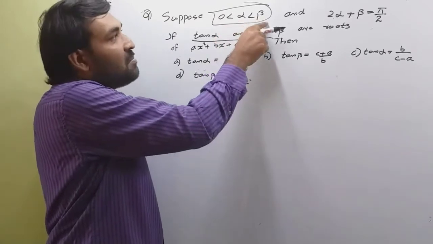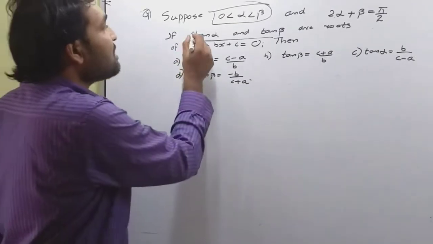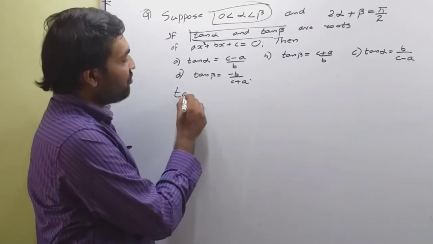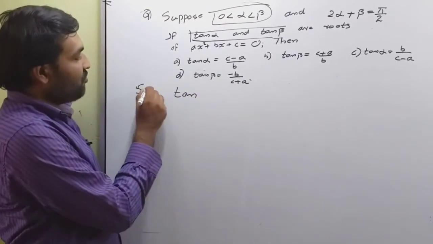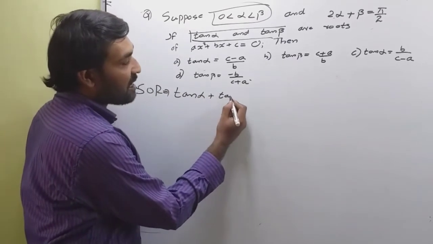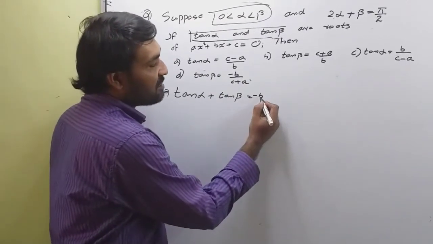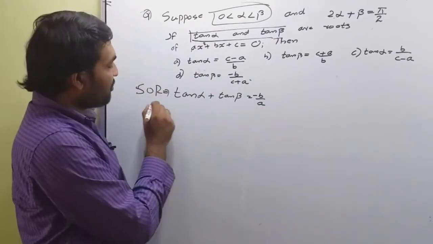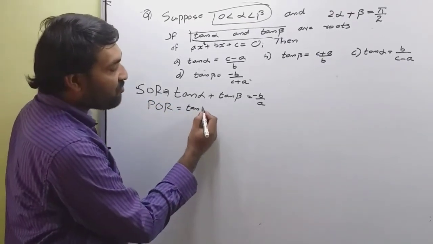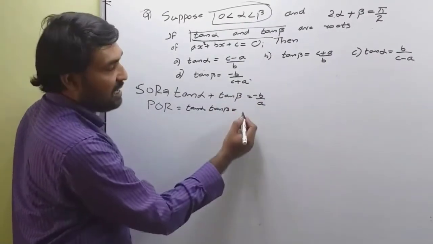Alpha is less than beta and 2 alpha plus beta is equal to pi by 2. Now these are the roots, tan alpha and tan beta. So we have the sum of roots: tan alpha plus tan beta is equal to minus b by a, and the product of the roots, tan alpha into tan beta, is equal to c by a.